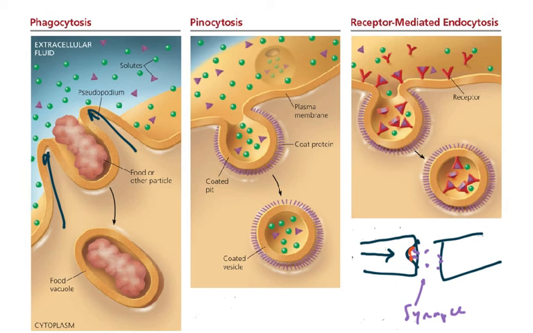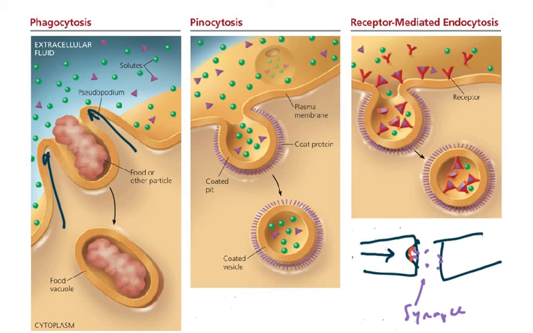So it just works by things binding together using any number of intermolecular forces that we discussed when we discussed proteins and quaternary and tertiary structure. Those same forces are going to be used in this. And it's going to make a little vesicle and pull these molecules back into the cell.